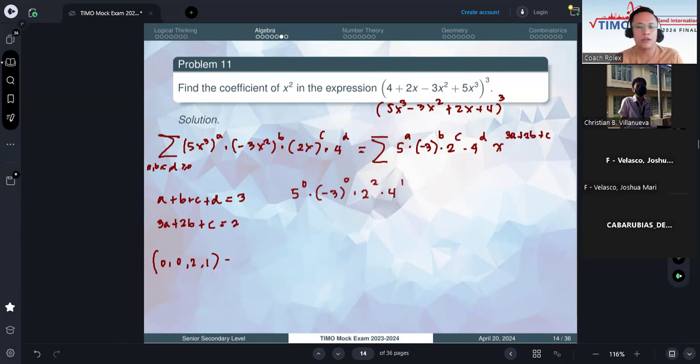Is there any way that this can be 0? Yes, I guess you can have this 0, and your b is 1, and you will get this to be 2.